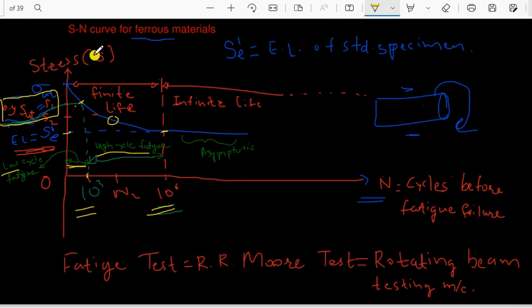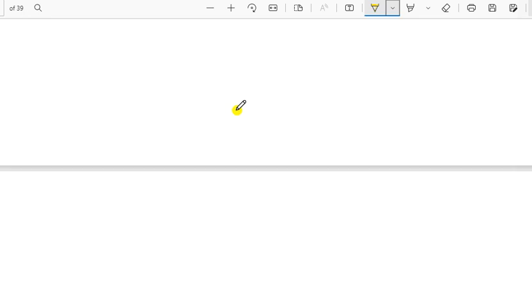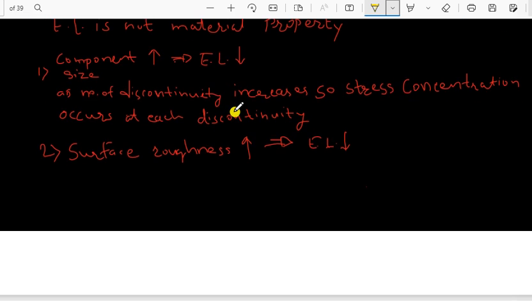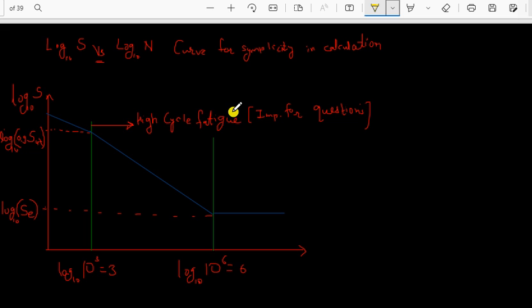Let us say log base 10 of S and log base 10 of N, so that we will get a straight line, and by using trigonometric formulae we can easily find the required values.